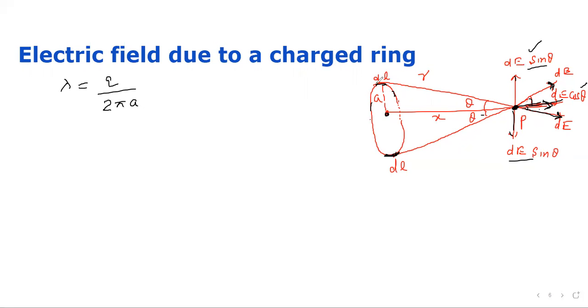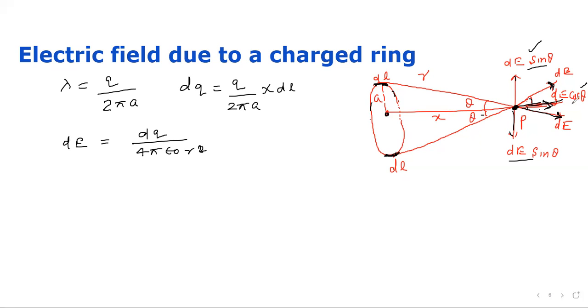For this small portion dl, suppose the charge is dq. That dq will be Q divided by 2 pi a times dl. Due to this dq, dE is the electric field. So dE can be written as dq divided by 4 pi epsilon naught r square, where r is this distance.